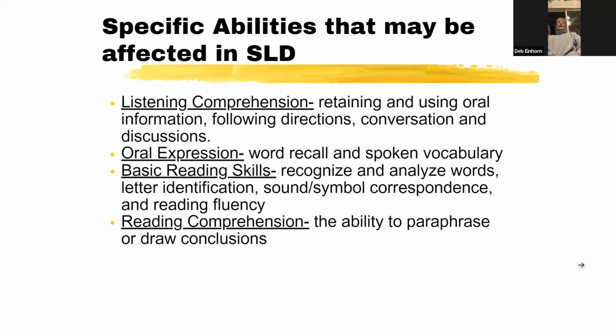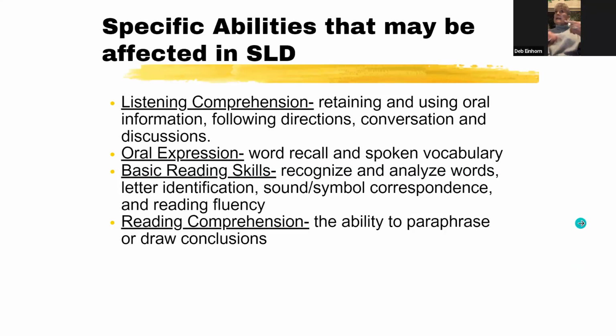So things that might be affected by a specific learning disability are a student's listening comprehension. So they might have trouble retaining and using oral information, following directions, conversation, and discussions. So that is a processing problem they have in their brain. So they may have a good understanding of language, but they might have trouble taking in oral information and processing it.